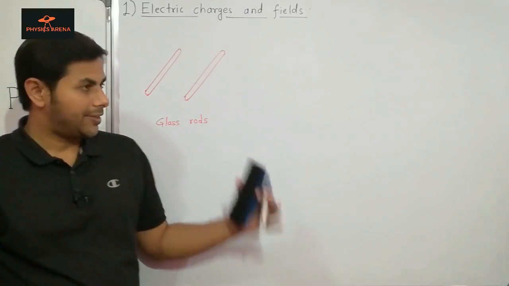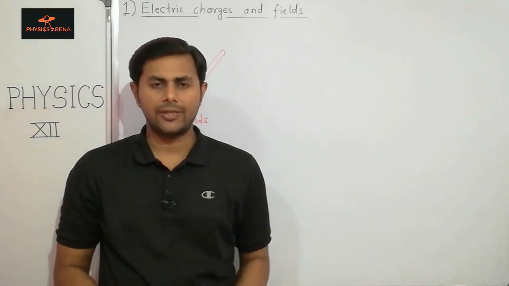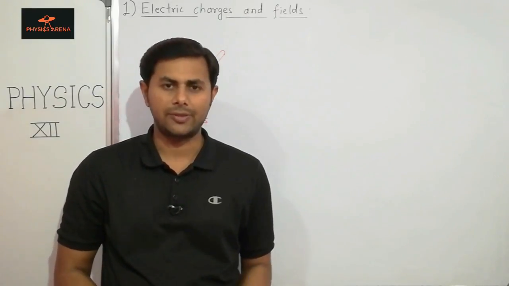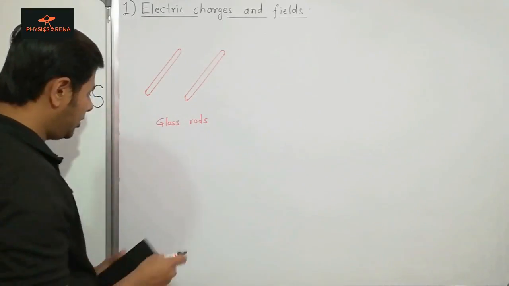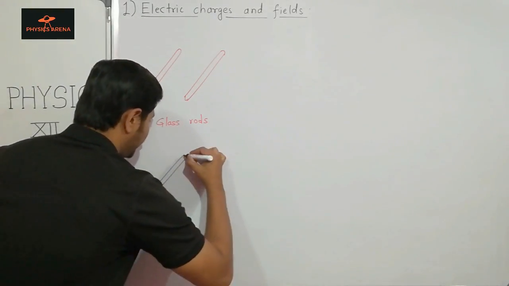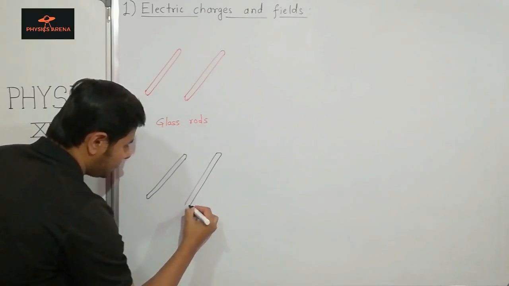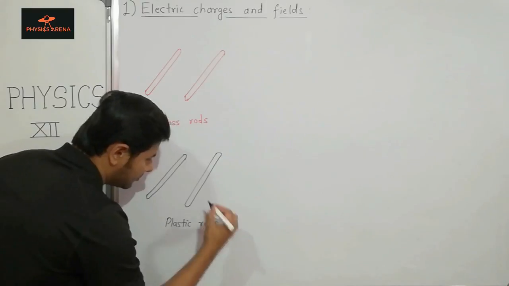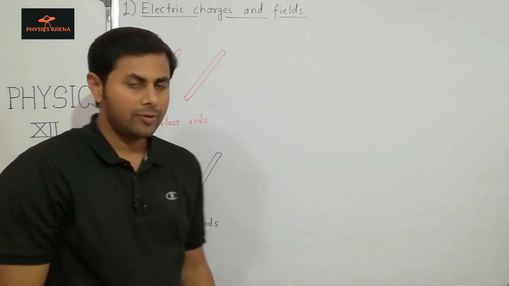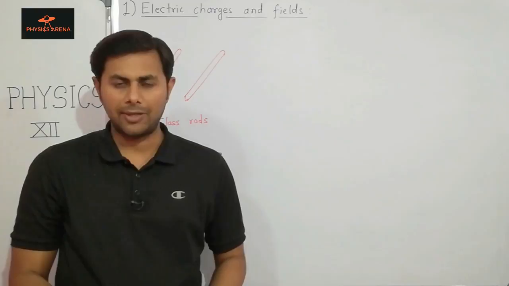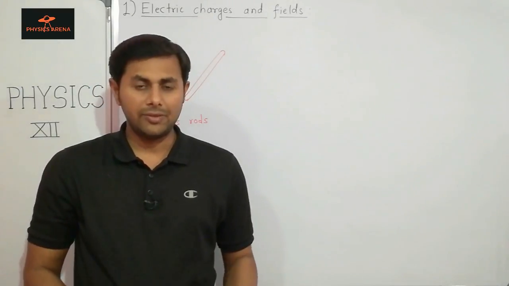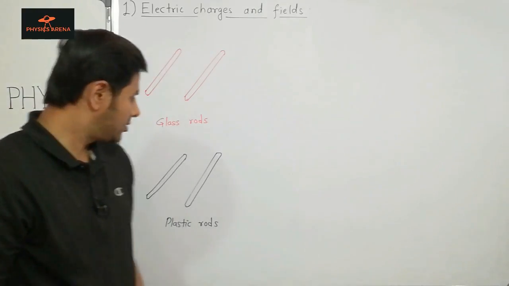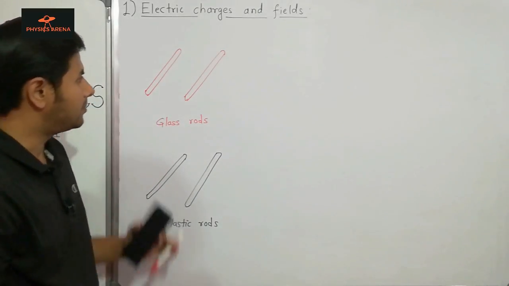Then we try to bring them close to each other, and what happens is there is repulsion between these glass rods. Similarly, if we have plastic rods, we rub them with some animal fur, maybe cat or something, then we try to bring them close to each other and they also repel each other. So this is observation number 1.